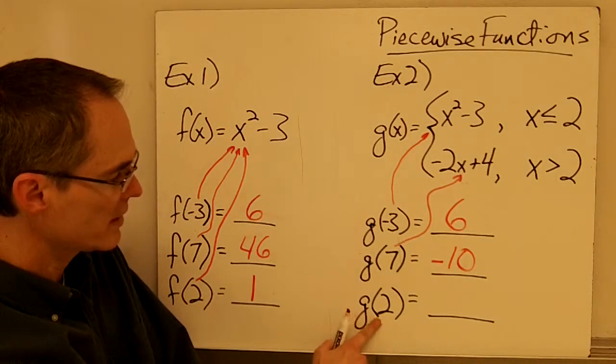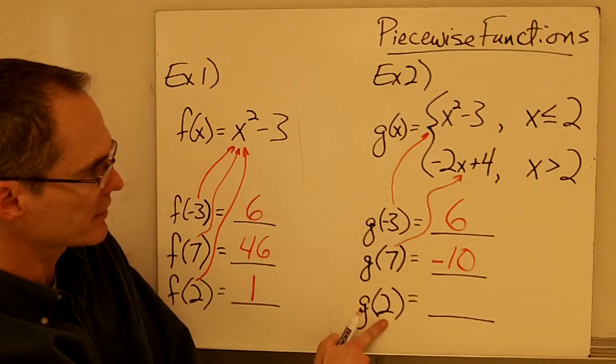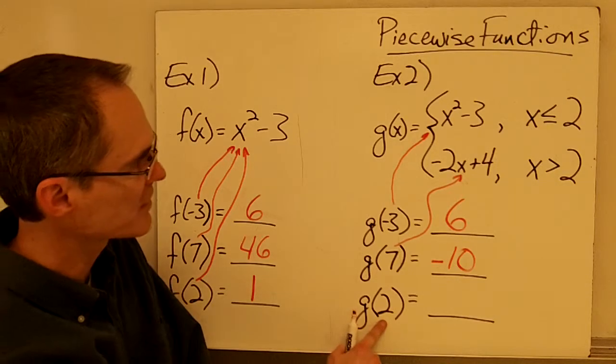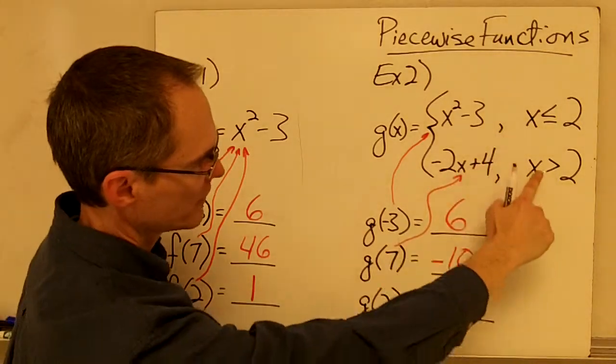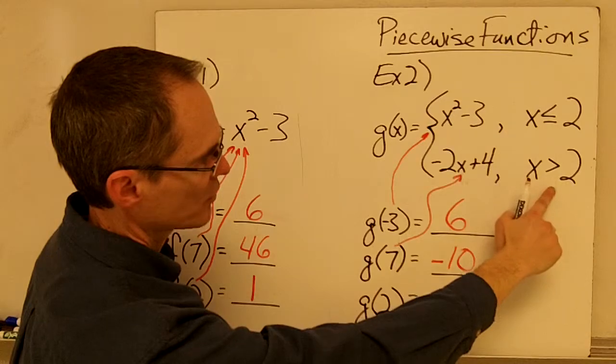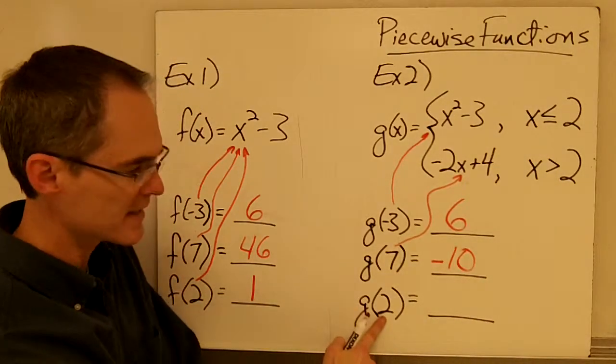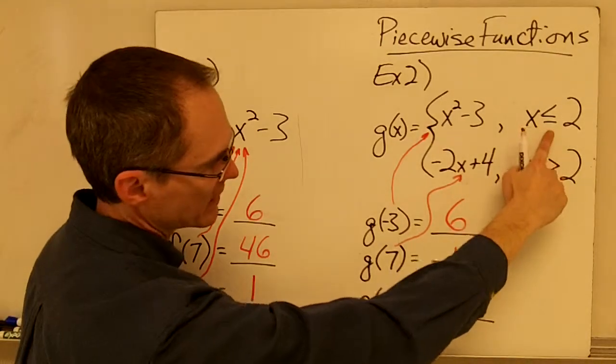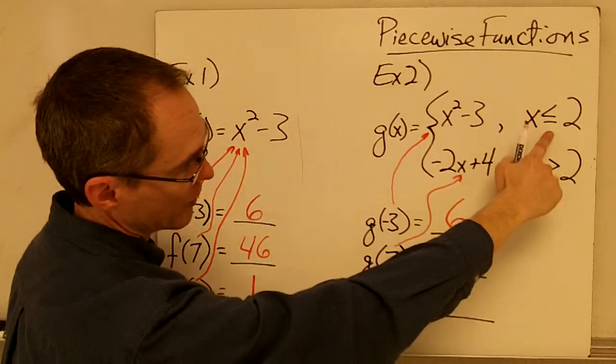Now for g of 2, I've got a slightly different case because I have to decide which of these I'm supposed to use. x greater than 2, x less than 2, what if x is actually equal to 2? Well, that's told right here.